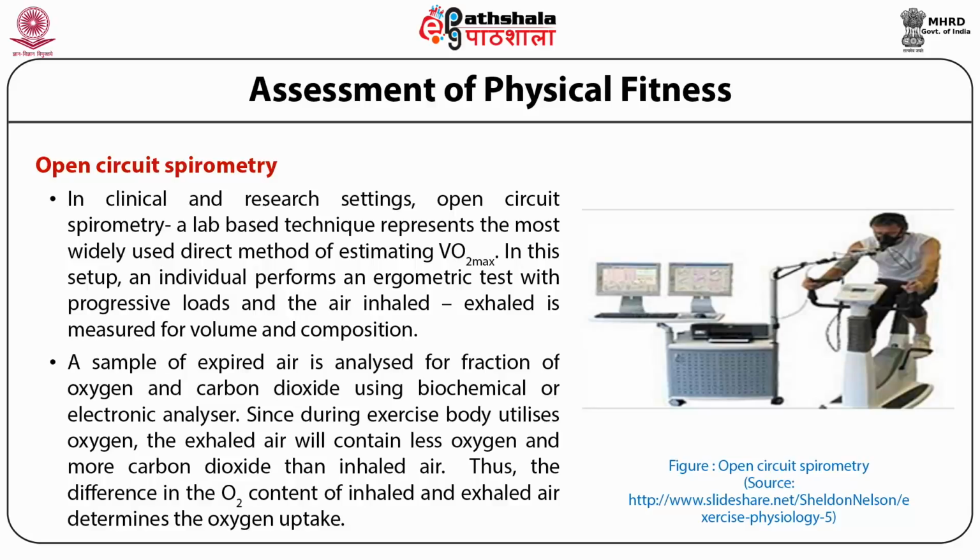Since during exercise the body utilizes oxygen, the exhaled air will contain less oxygen and more carbon dioxide than inhaled air. Therefore, the difference in the oxygen content of the inhaled and the exhaled air determines the oxygen uptake.